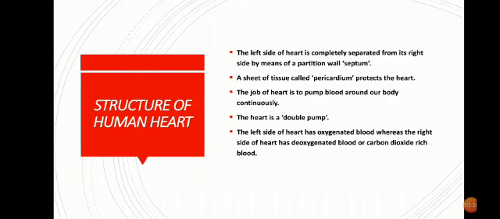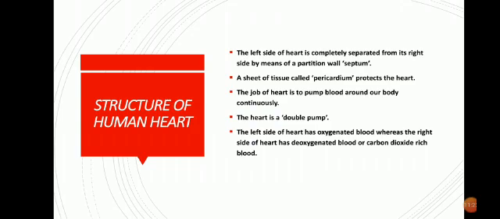Okay, so what is the job of our heart? The job of our heart is to pump the blood around our body continuously. So all the arteries and veins which are present contract and relax at an appropriate time, and it makes the heart behave like a pump. So the heart is actually a double pump. The left side of the heart and the right side of the heart act as two separate pumps.